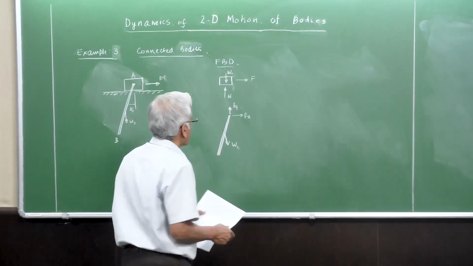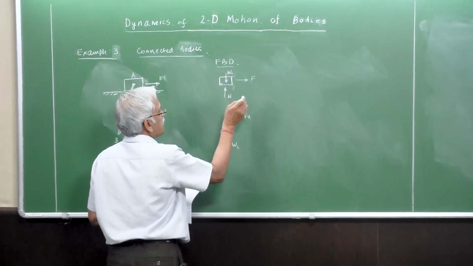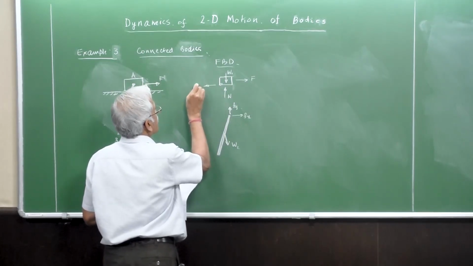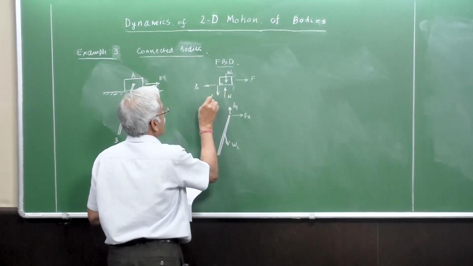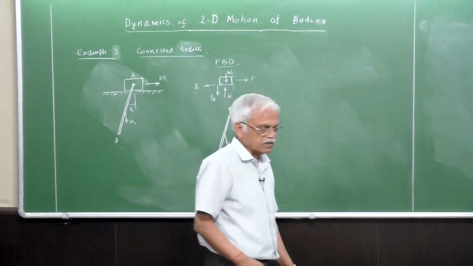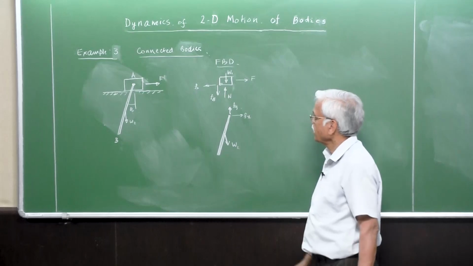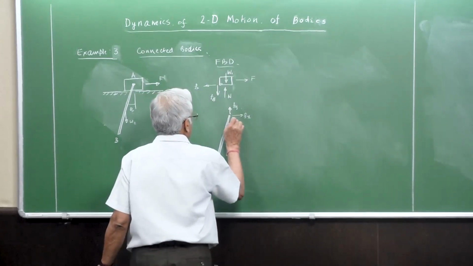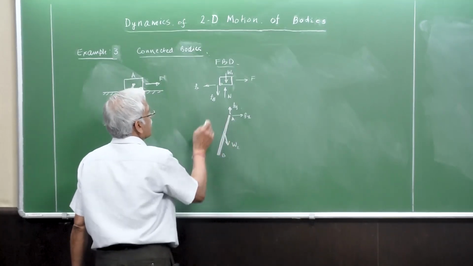Obviously these two internal forces should also be shown here, as external forces Fx and Fy, right? So these are all the forces acting on block A and the rod AB.